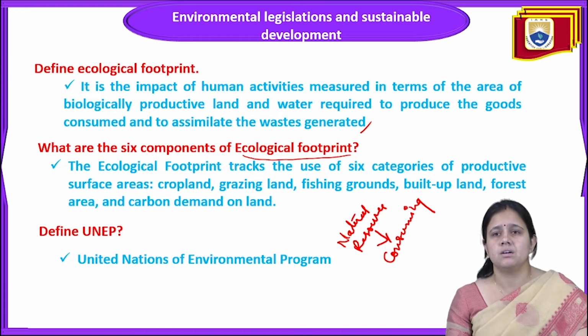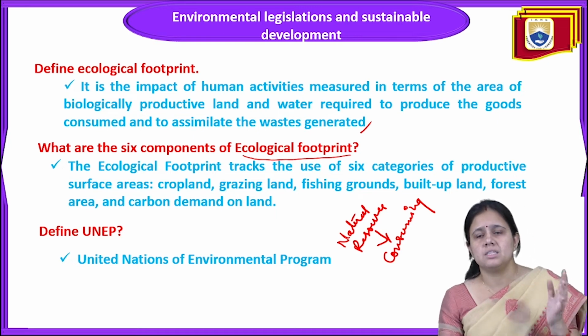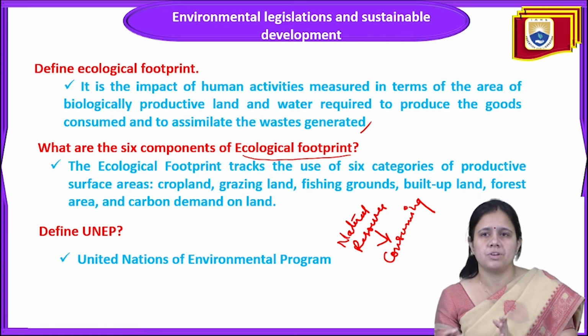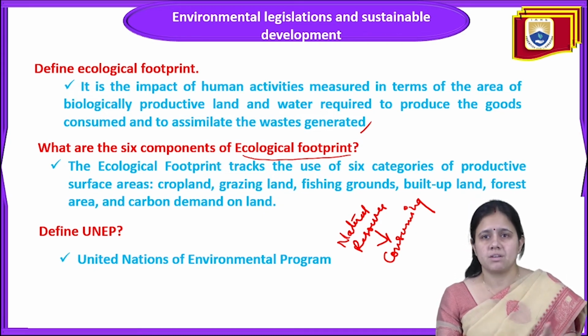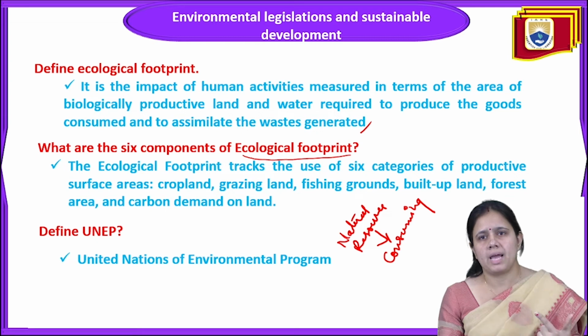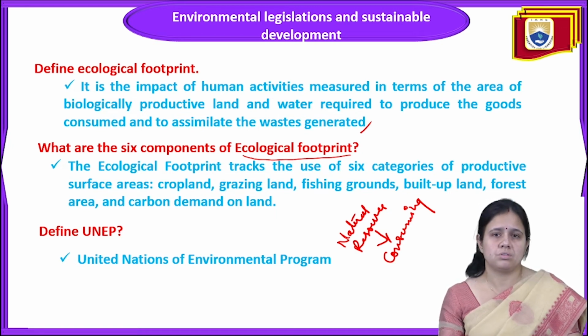These are the components of ecological footprint on the surface area. In the surface area, a human being interacts daily with cropland because they get crops from the land. Then grazing lands, from which they get food and many fruits. Fishing grounds.